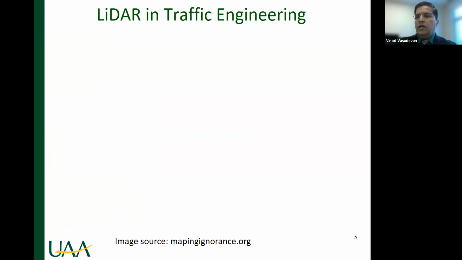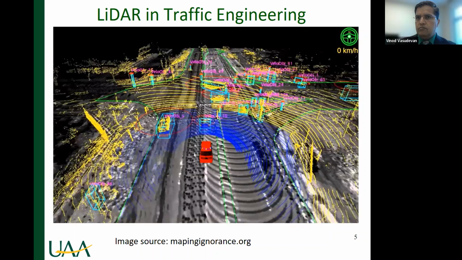Now the question is, how can we apply LiDAR in traffic engineering? It is already used extensively in autonomous vehicles. This is not my image; I got it from another website and cited the source. Basically, once you have a LiDAR, since it provides point clouds, if you apply a proper algorithm you can get most of the details.